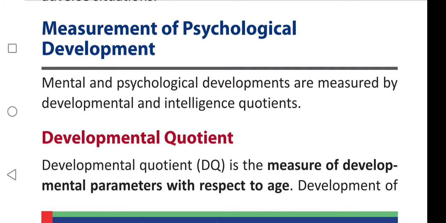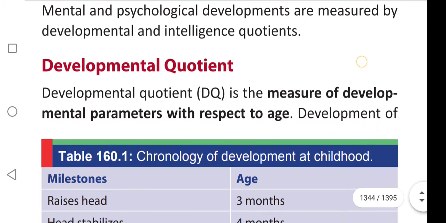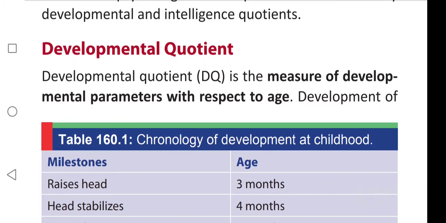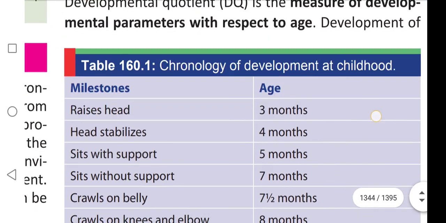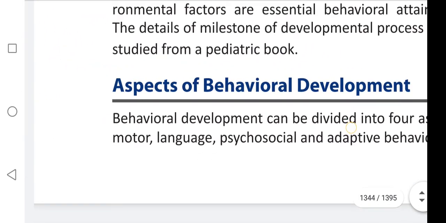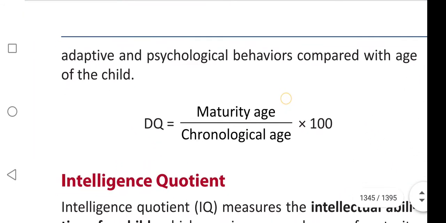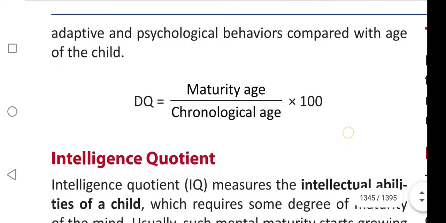The measurement of psychological development. The mental and psychological developments are measured by developmental and intelligence quotients. Coming to developmental quotient. The developmental quotient is the measure of developmental parameters with respect to age and development of adaptive and psychological behaviors compared with the age of the children.